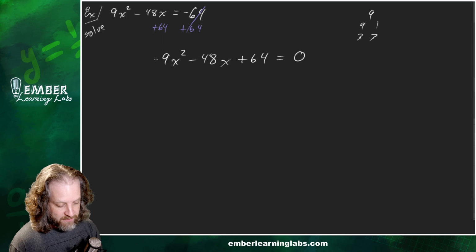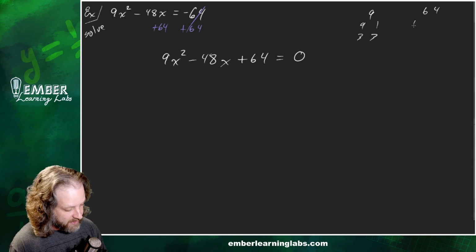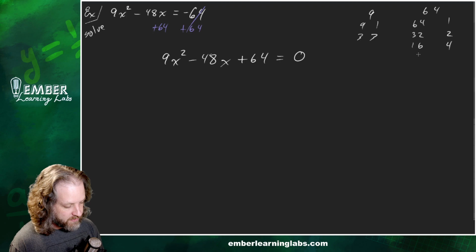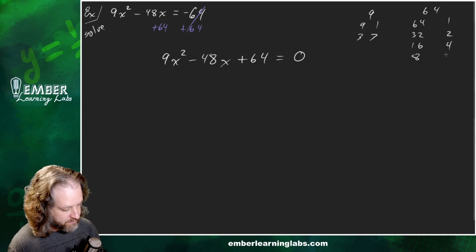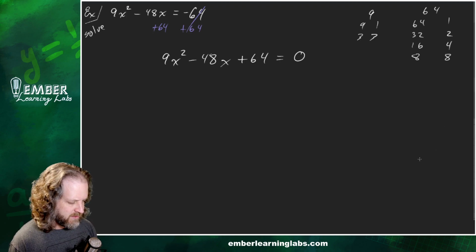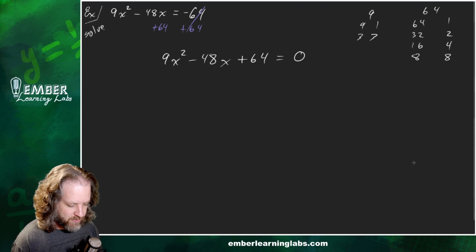So the first one's pretty straightforward. This next one, the 64, we've got all kinds of options: 64 and 1, 32 and 2, 16 and 4, 8 and 8. I think that's it.